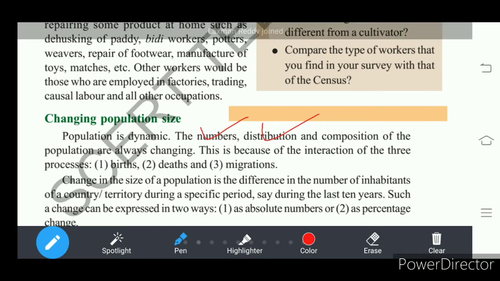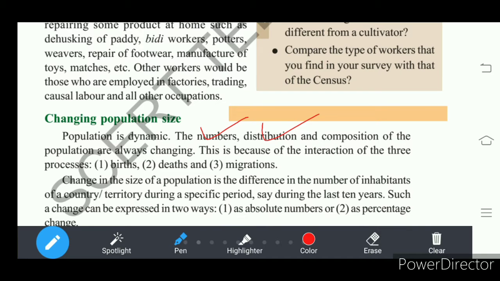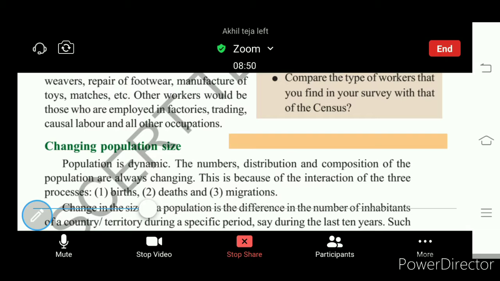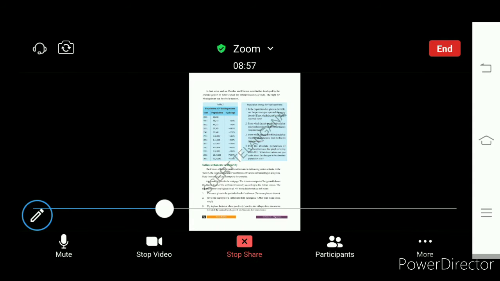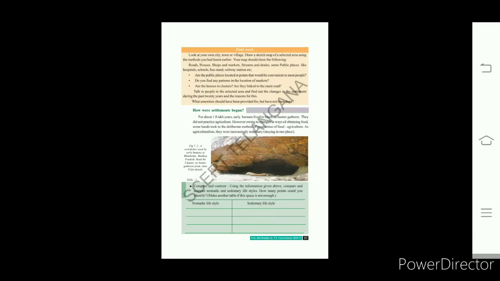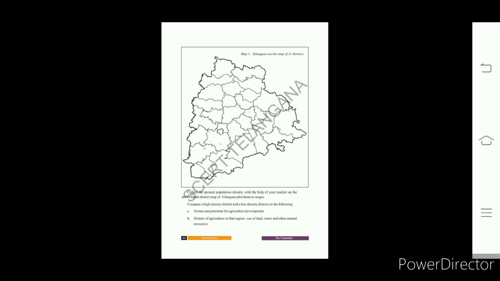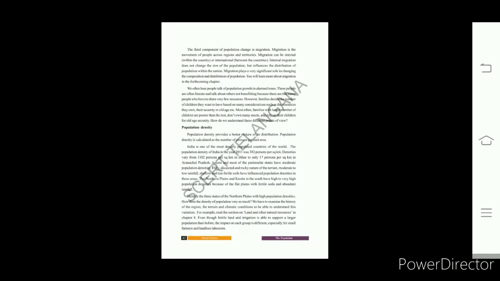So what are the reasons for the change in population? There are three important aspects in changing the population size. One is the birth rate. Then the second one is death rates. The third one is migration.